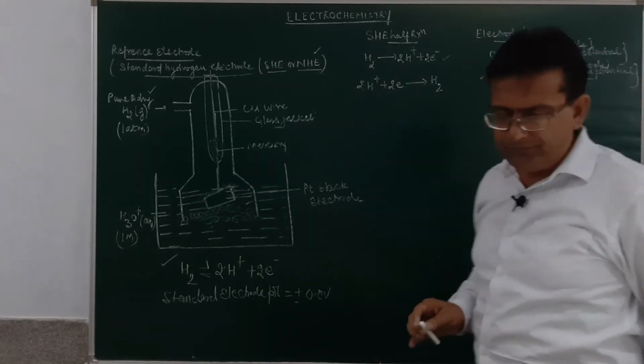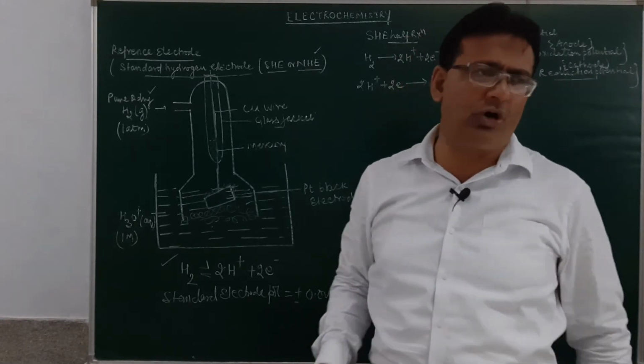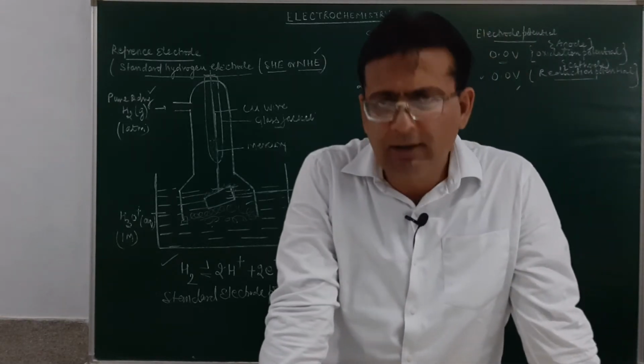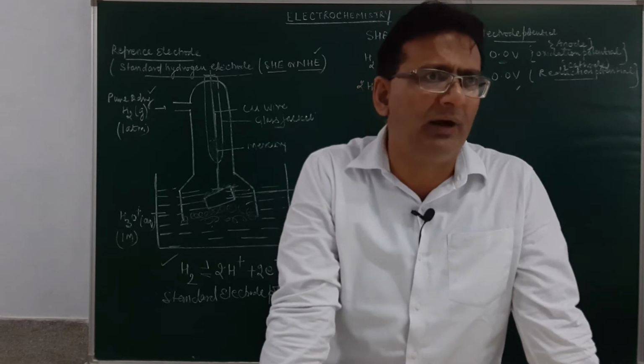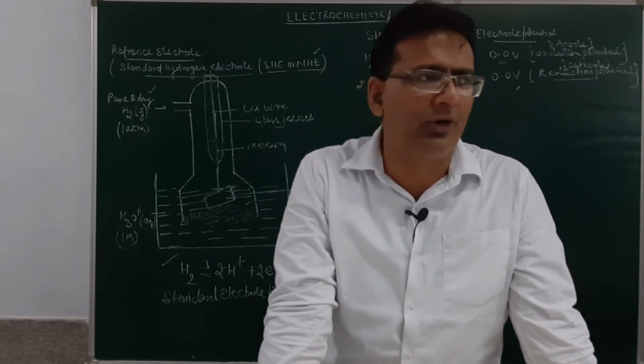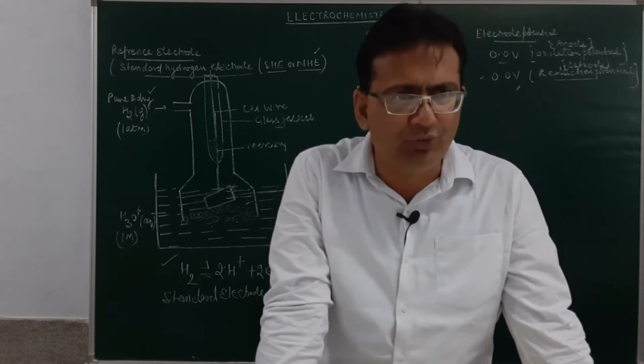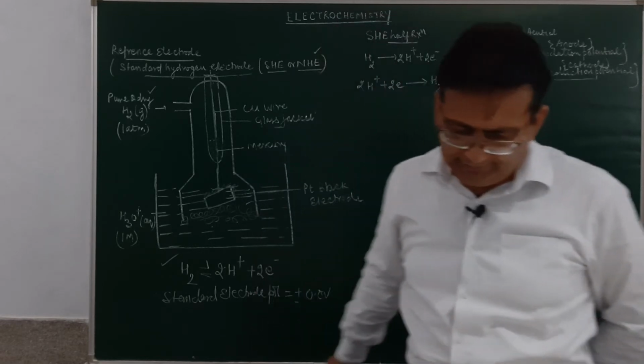Now the question is, how do we determine the electrode potential of a single electrode? I will try to explain this to you by finding out the electrode potential of the zinc and copper electrodes which were used in the Daniell cell.